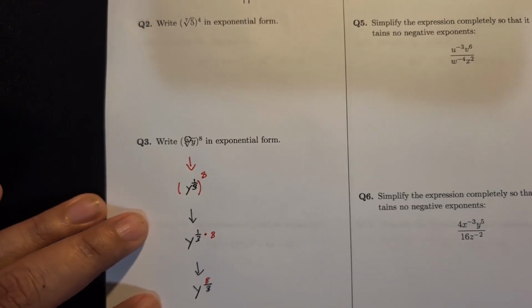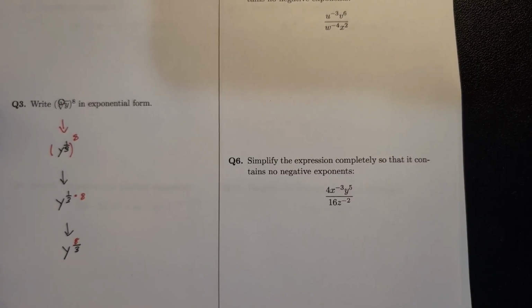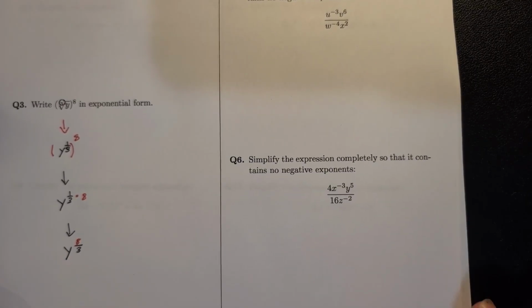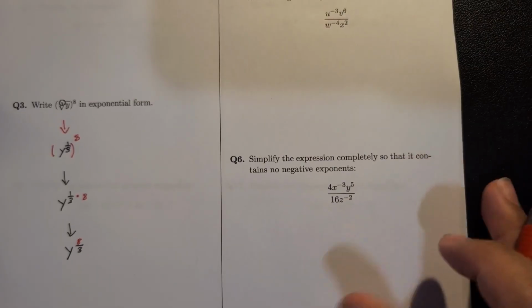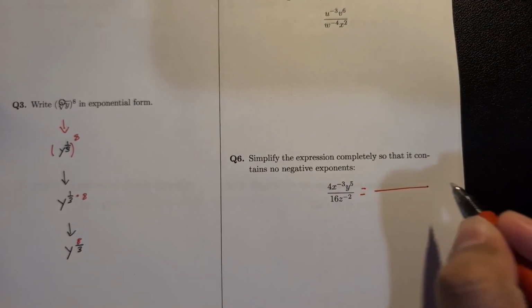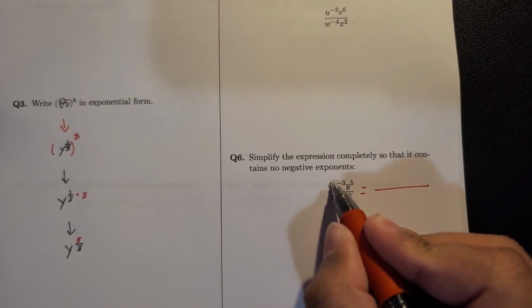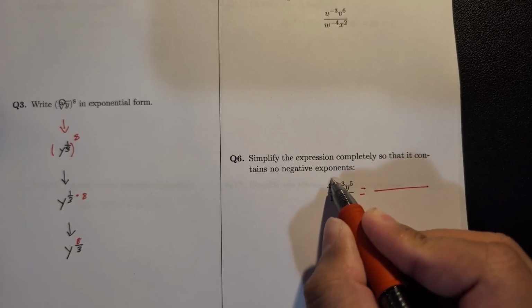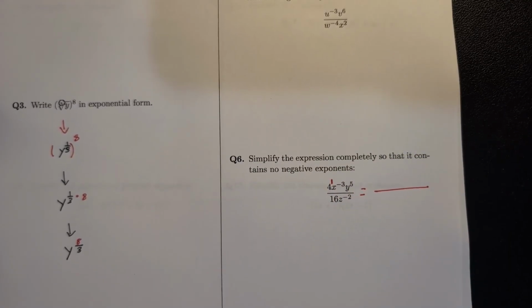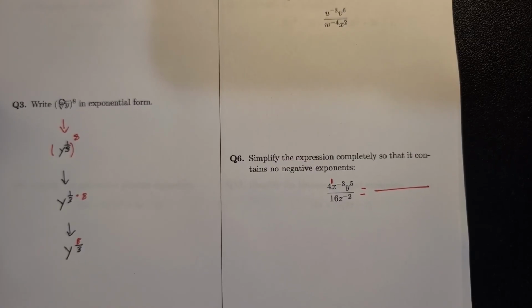Okay, and let me do question 6. So here we're going to set up our equals and my fraction, and we're going to do one at a time. This 4 has a positive 1 exponent. Every number has a positive 1 exponent.